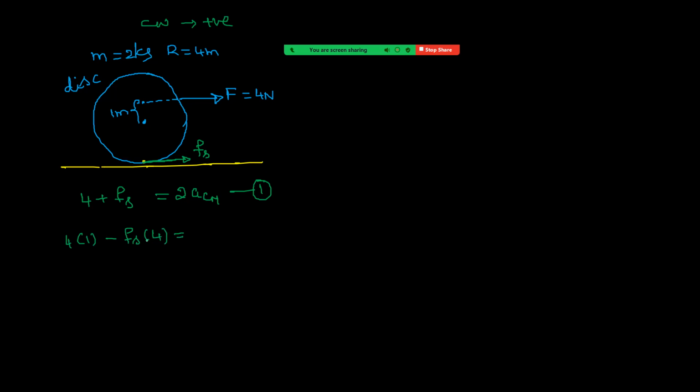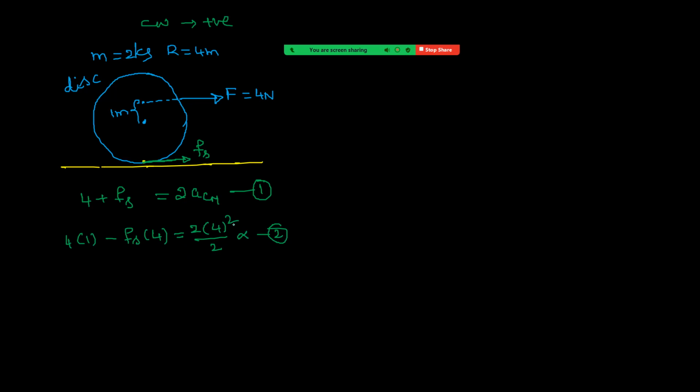This net torque is equal to I into alpha, assuming that the body is rolling clockwise. Therefore, net torque is clockwise, equal to I into alpha, and I for a disk about its own axis is m r square by 2, into alpha.